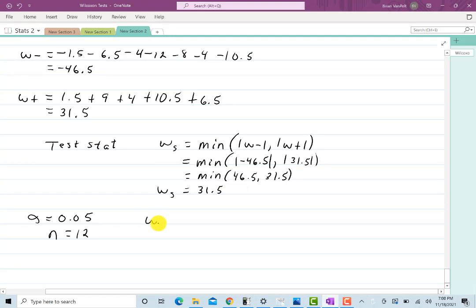So W sub 0 equals 14. So clearly W sub S is greater than W sub 0. Now remember, these things work a little bit opposite of our normal situations here. With these sign tests like this, this means that we do not reject H sub 0.